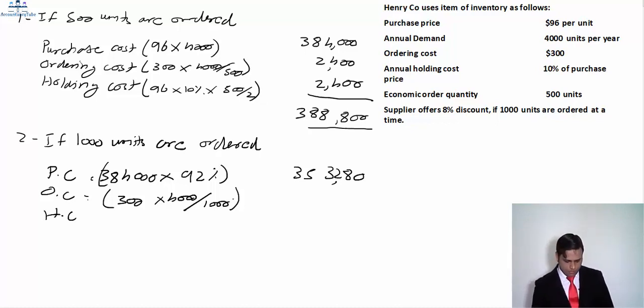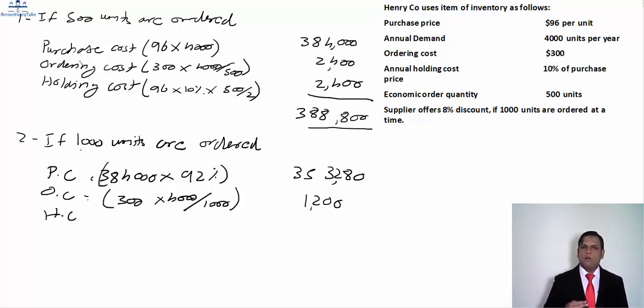If we order 1,000 units, we take that effect here, and this gives us 1,200. Our ordering cost becomes lower. It was expected, since more units are ordered, so there will be fewer orders in a year.